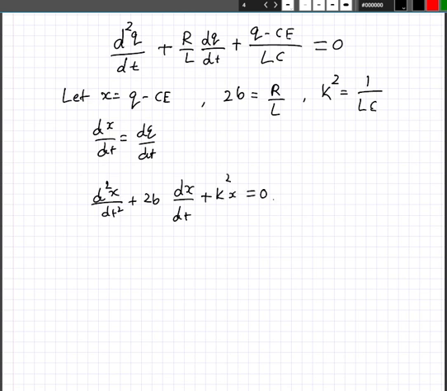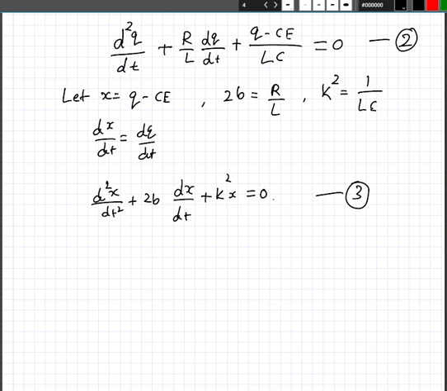So that is the equation you obtain after substituting for q, R by L and 1 by LC.